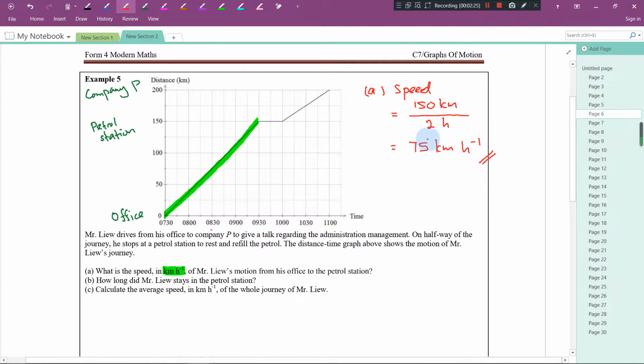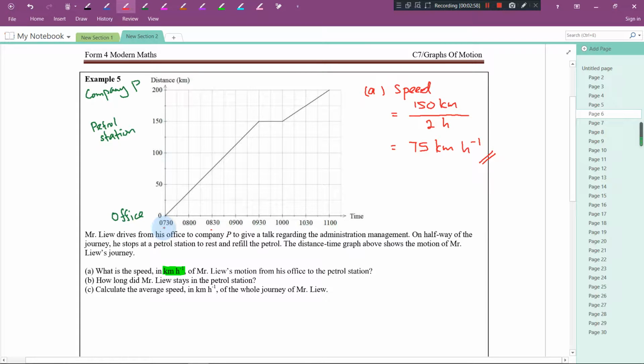If you don't want to use this method, you can use the gradient method with the coordinates, but you have to be more careful. For example, for this part, we don't use the coordinate like 9:30, 150. So how do we write the coordinates?